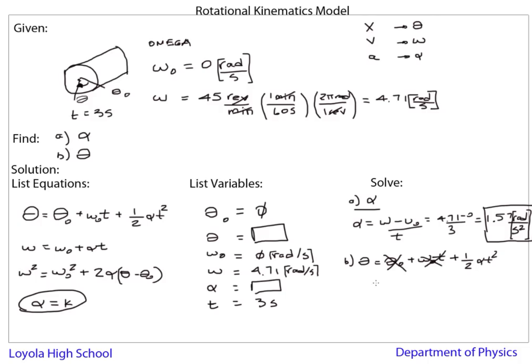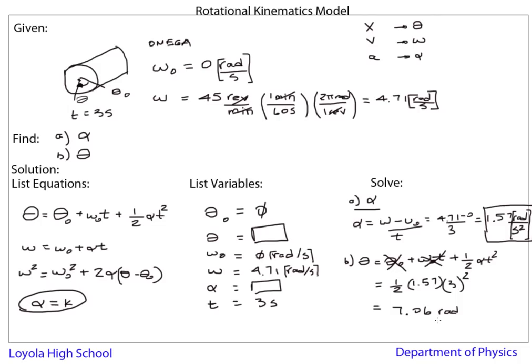So we're basically left with 1 half 1.57 times the time squared. And this comes out to be 7.06 radians.